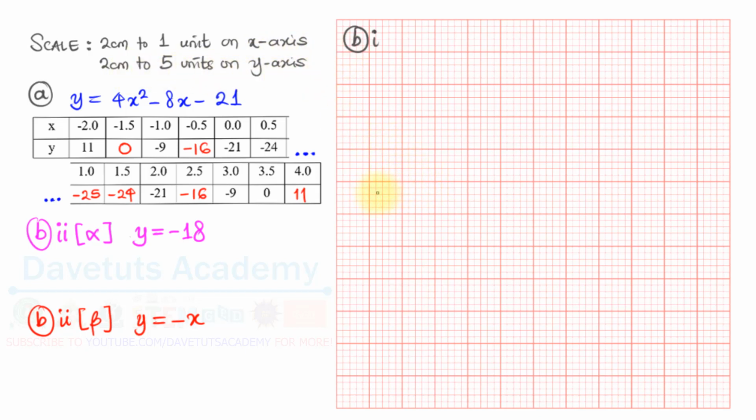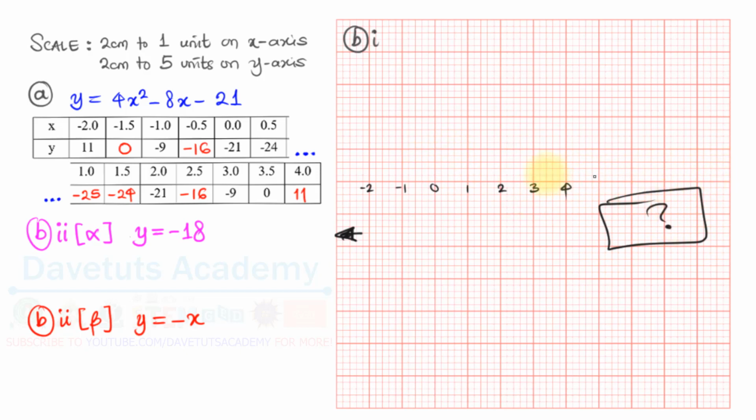So if I just want to make some rough scale, here we have minus 2 to 4. So 2 centimeters to 1 unit will mean that, let's say I have minus 2 here. This will be minus 1, 0, 1, 2, 3, 4. You can see now I'm tilted towards the left, and I still have space here. This is a lot of space, so I should move that towards the right.